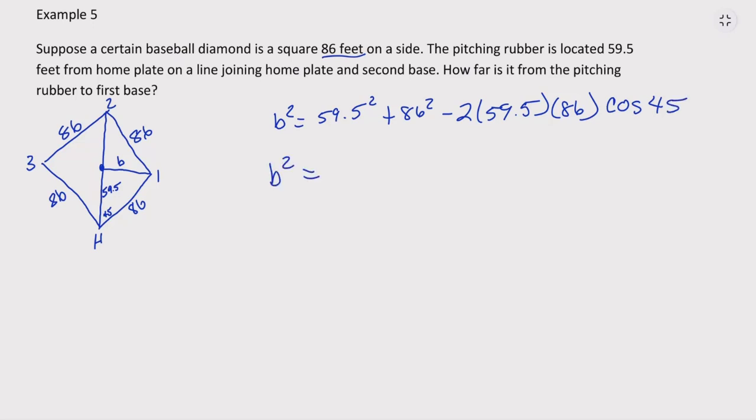So that's going to be 3699.719201. And the square root of that is going to be 60.8.